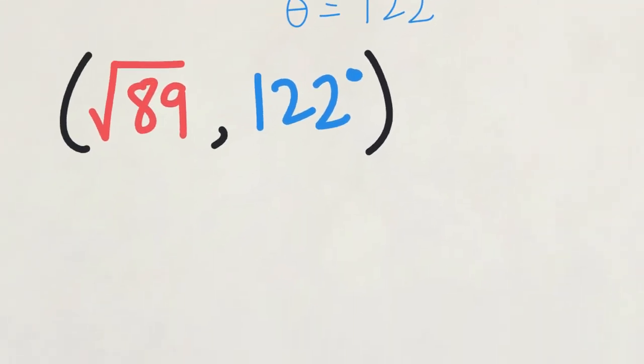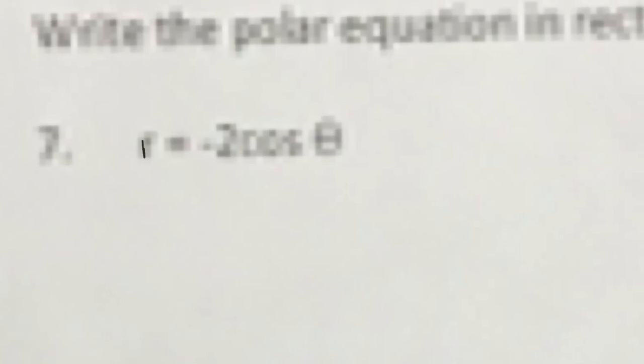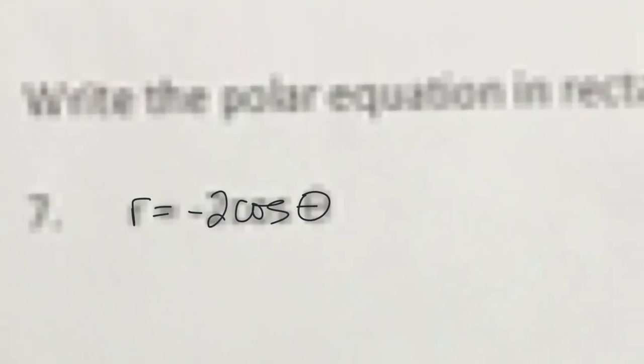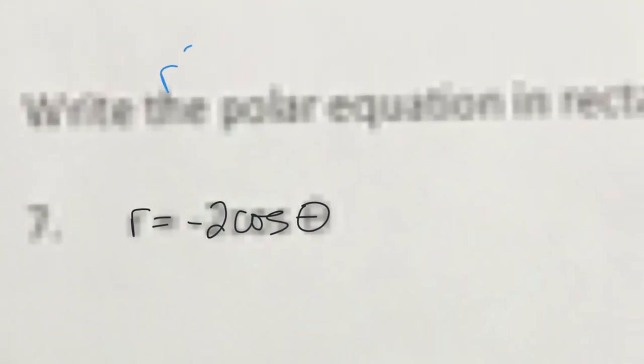Okay, let's look at our polar equations. So here we have the equation that the radius equals negative 2 times the cosine of our angle. Remember, we want to create things like r squared, r cosine, or r sine. Those are the three things that we are able to replace.